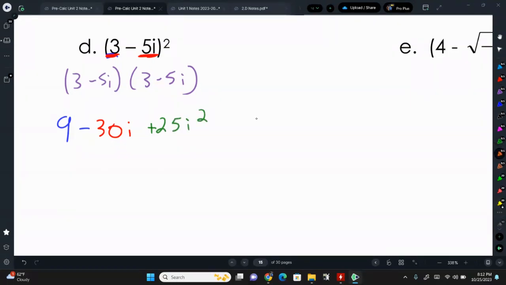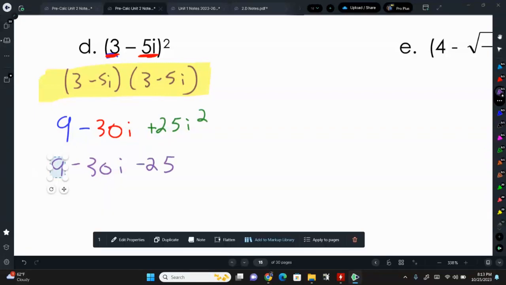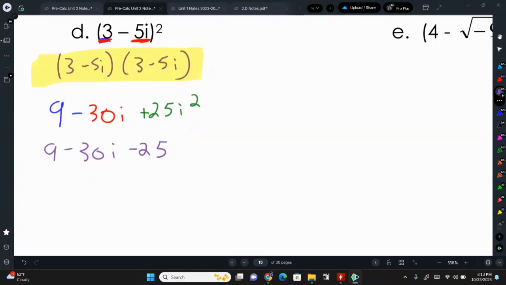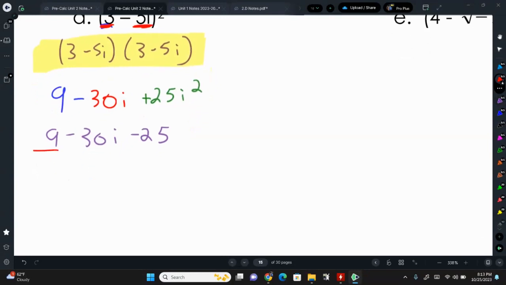You could multiply this out if that didn't make sense to you, and you will get the same thing. Now, we're going to cut to the chase with our positive 25i squared. i squared is negative 1, so negative 1 times 25 is negative 25. And now we can combine 9 and negative 25 to get negative 16 minus 30i.